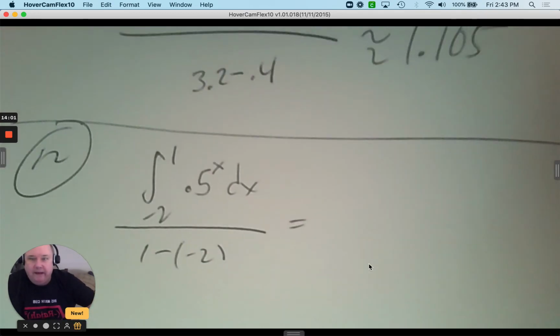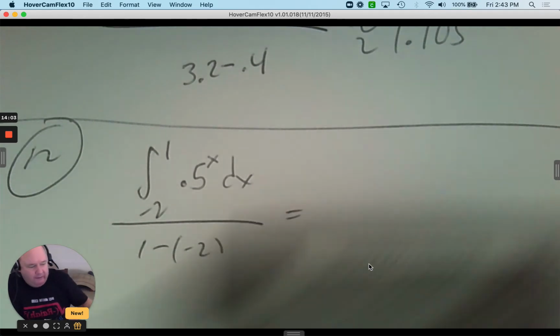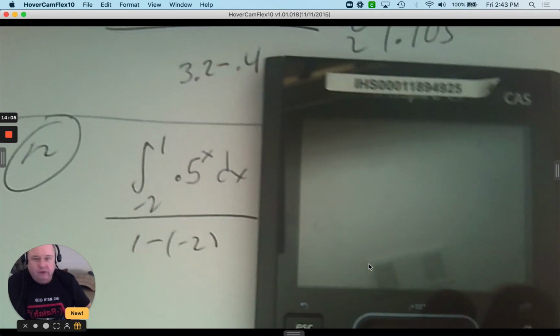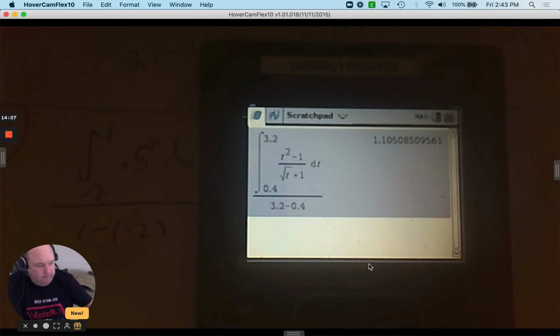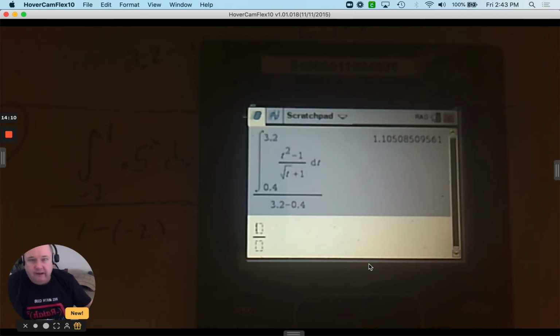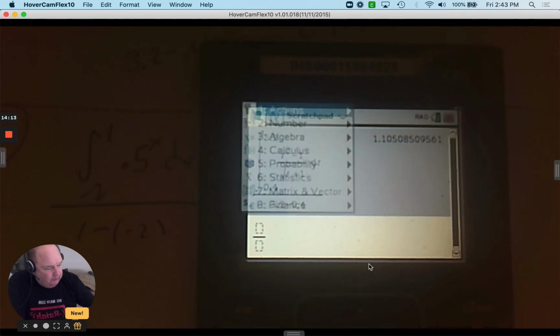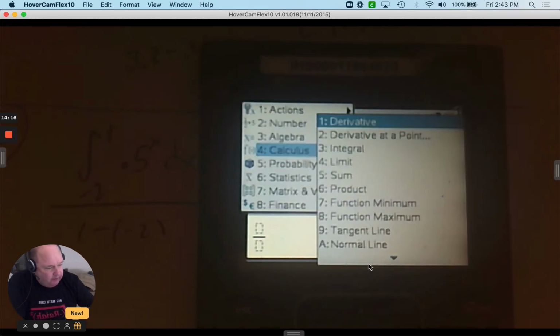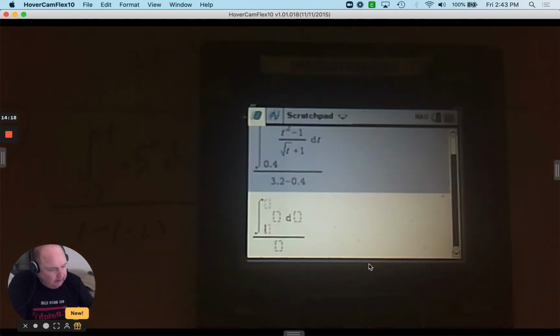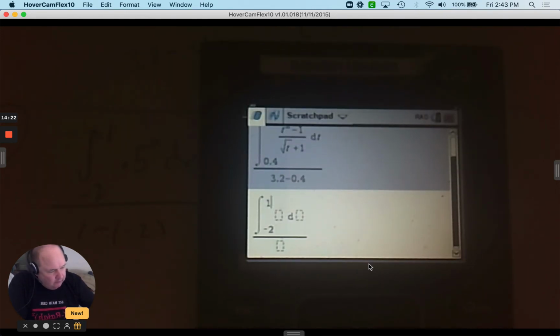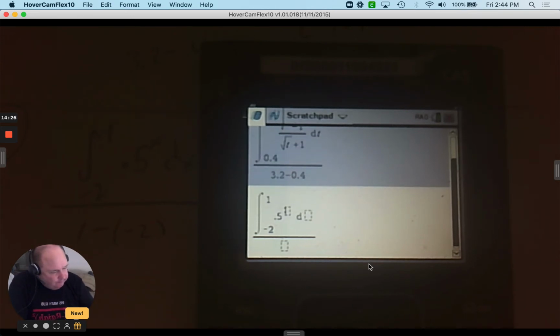So can you put that in your calculator? Let's do it together again. So I'll start with a fraction. So control divide. And then I'm going to go menu and calculus and integrate. And I'm going from negative 2 to positive 1. And it's 0.5 to the exponent x dx.